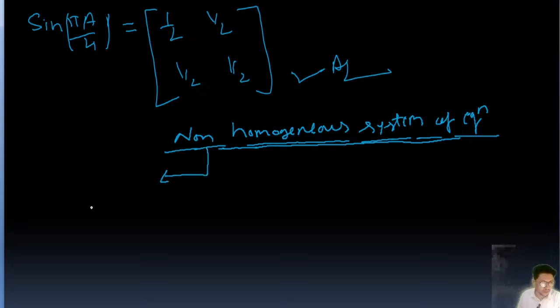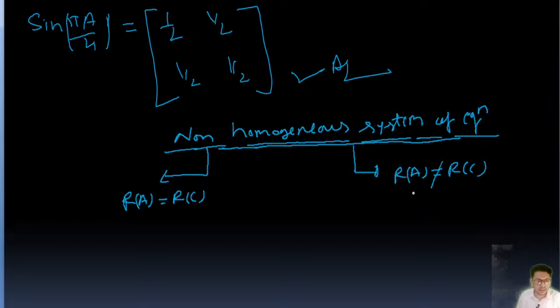If rank of A equals rank of C, I'll tell you what C is, and I'll give an example. As of now, I'm just writing, note down. Second, if rank of A is not equal to rank of C, in that case the equation has an inconsistent solution.